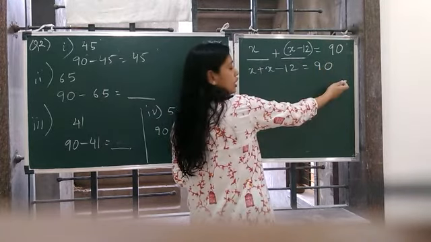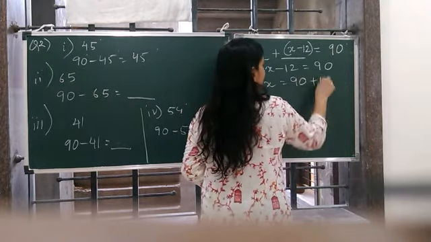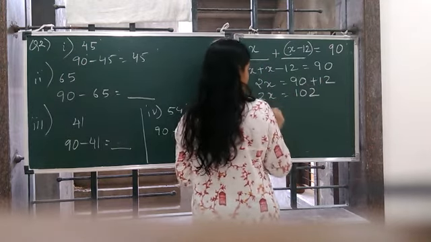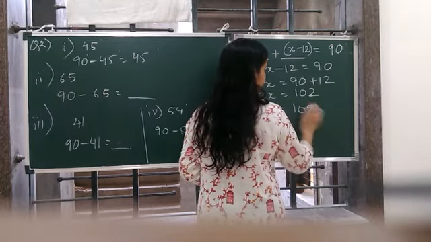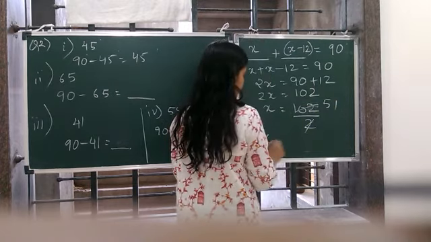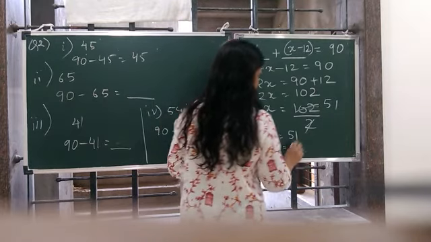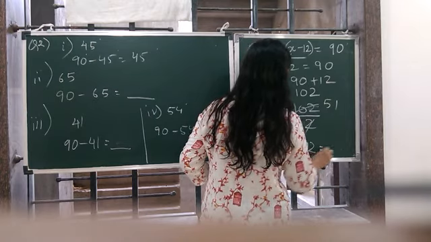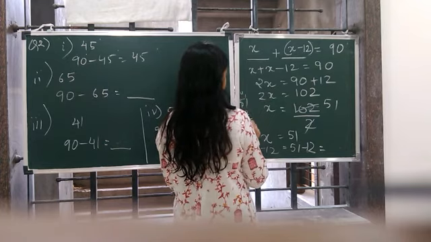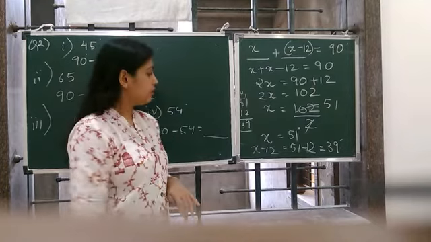Now this 12 will be transposed to that side. It is minus, it becomes plus. And x plus x becomes 2x, and 90 plus 12, so 2x is equal to 102. So x is equal to 51, the 2 being transposed. So one angle is 51, and the other will be x minus 12, that is 51 minus 12, so one is 51 degrees and the other is 39 degrees.